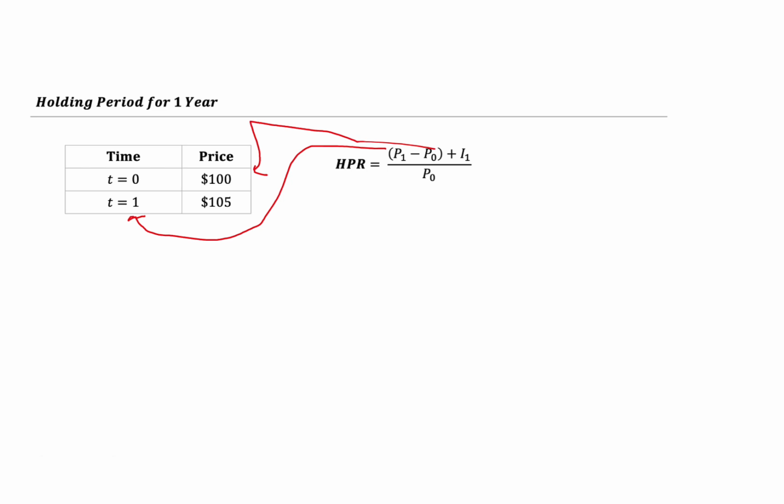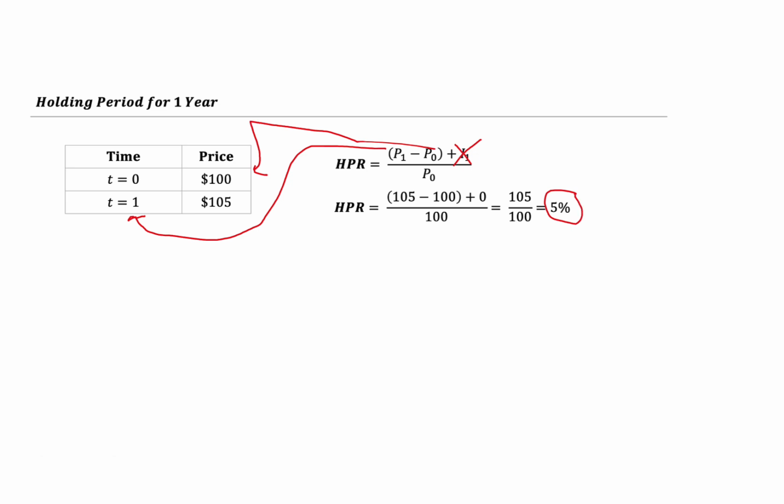And then typically I would add any interest that is earned, but let's just say for the purposes of this example that there is no interest whatsoever. And so then I would divide that whole expression by P0, which is again the $100. So it would come up to a value of 5%.